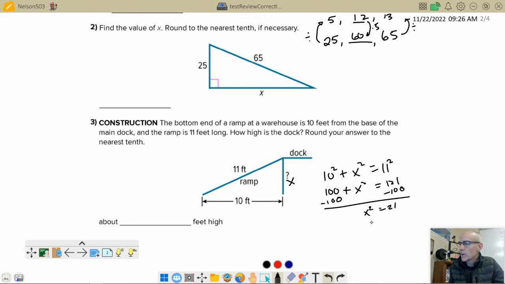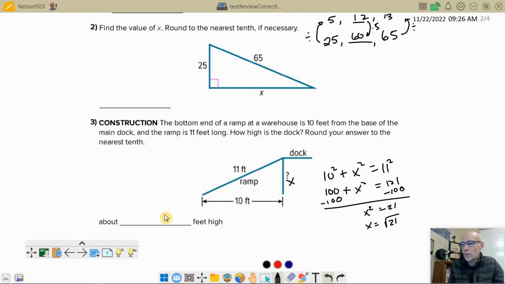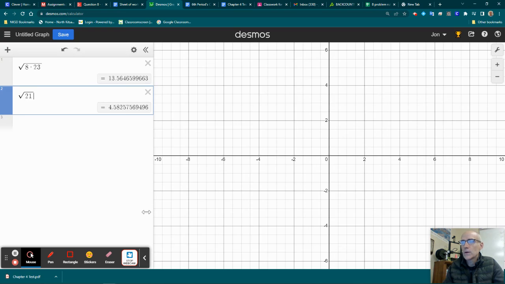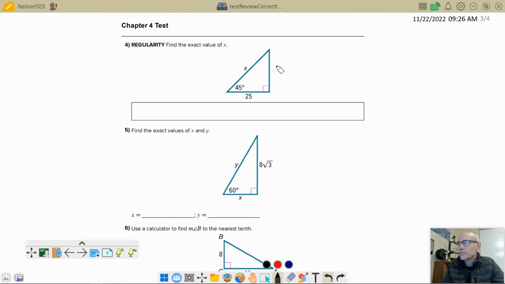And I take the square root of 21 to get the x by itself. Got to take the square root of both sides. Square root of 21, let's see what that is. 4.6. So 4.6, I think it says, round your answer to the nearest tenth, 4.6. All right, let's just double check. Yep, 4.6.